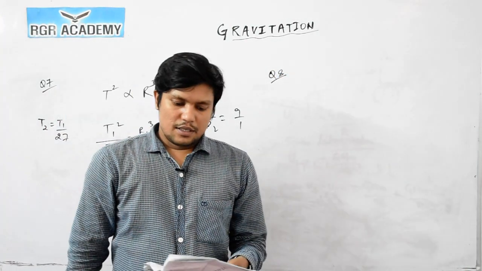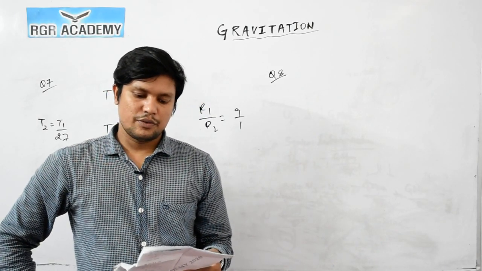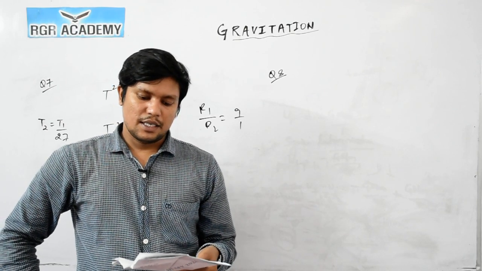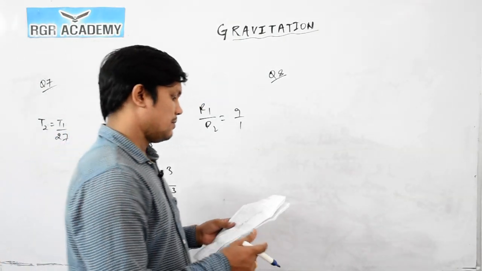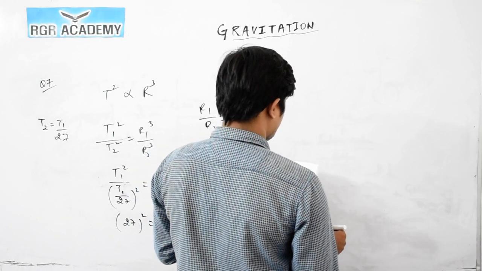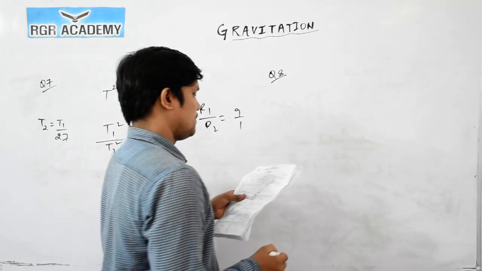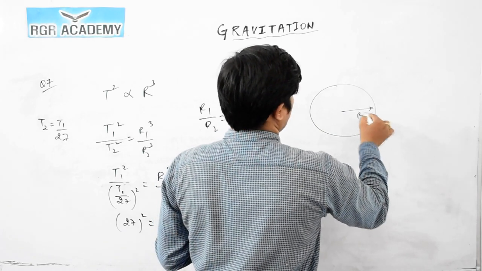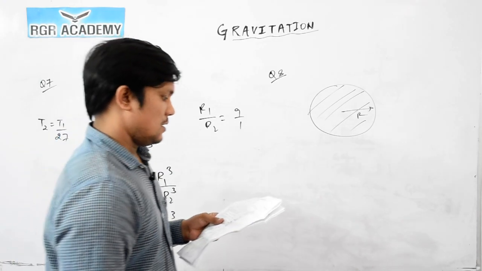In question number 8, the magnitudes of gravitational force at distances r1 and r2 from the center of a uniform sphere of radius capital R and mass M are F1 and F2 respectively. Then see this uniform sphere of radius R. We have to consider a solid sphere.